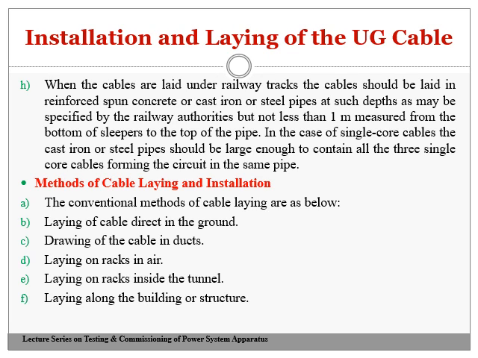In some apartments it becomes very difficult to provide a separate cable for each member that has a light. Therefore, laying along the building structure is one of the methods of installing or laying the cable.